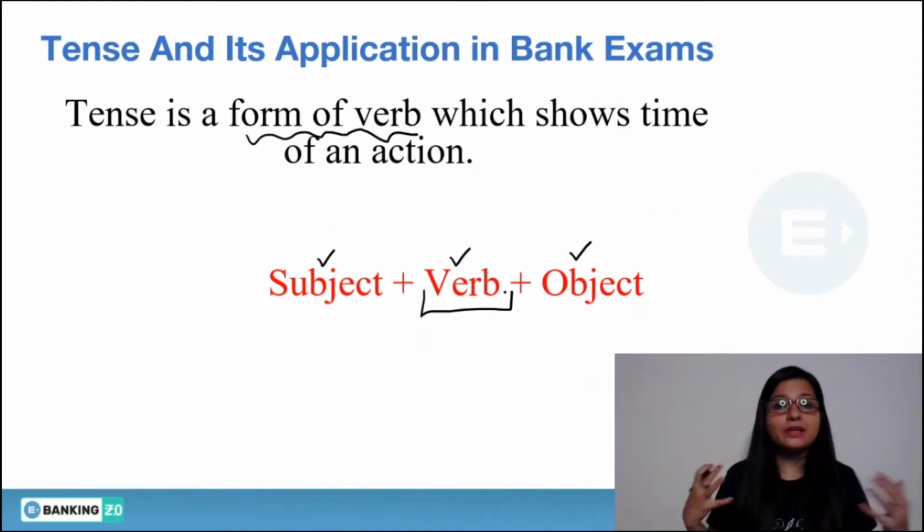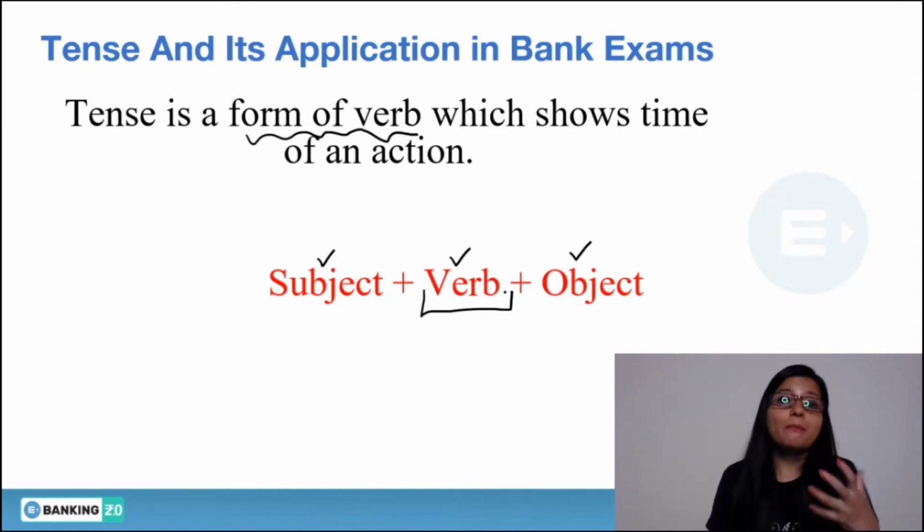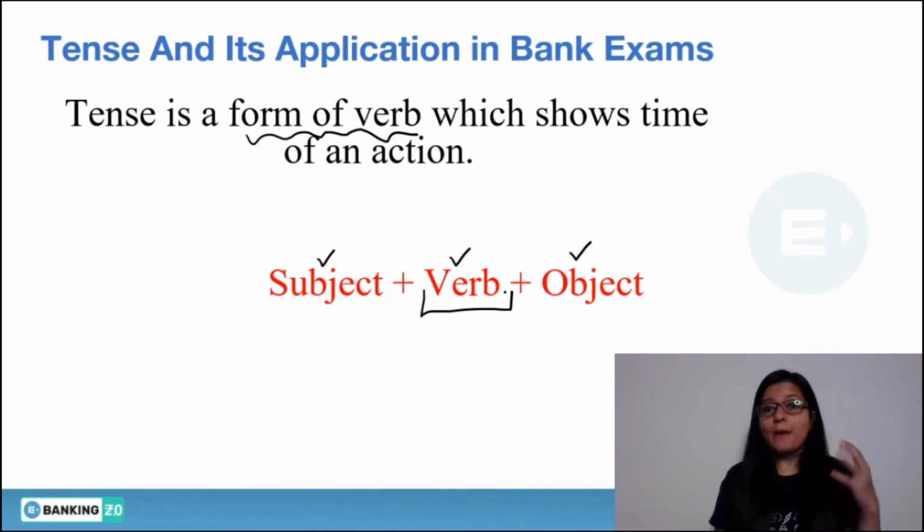I eat an apple every day. That eat, first form of the verb, shows present indefinite. But if I say I ate an apple yesterday, that second form of the verb, ate, is showing an action of the past.